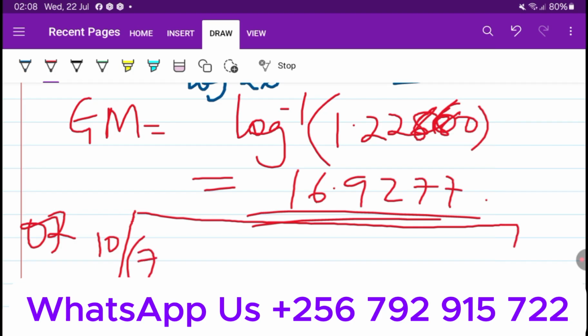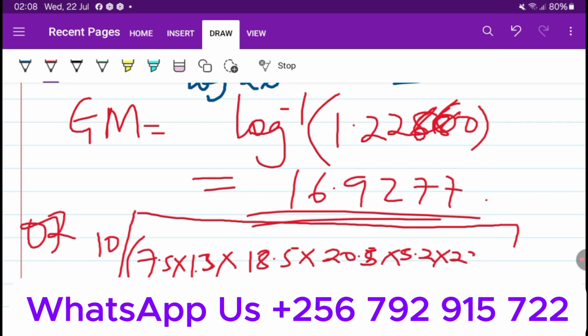You get 7.5 times 13 times 18.5 times 20.5 times 5.2 times 23 up to times 28.